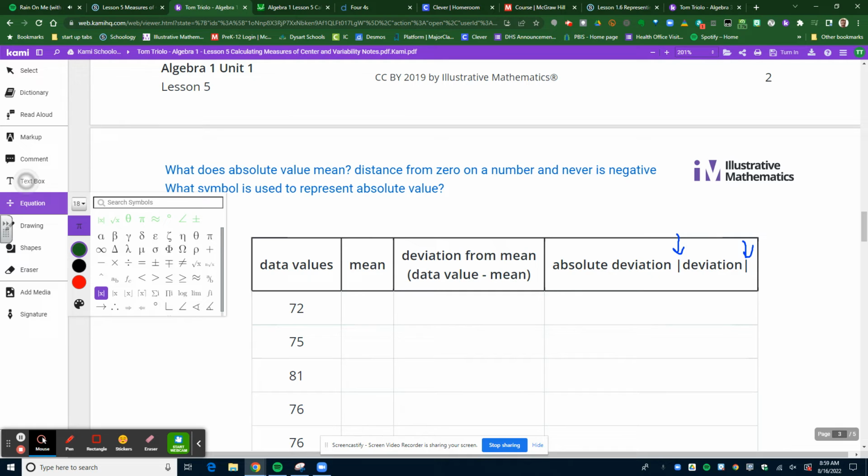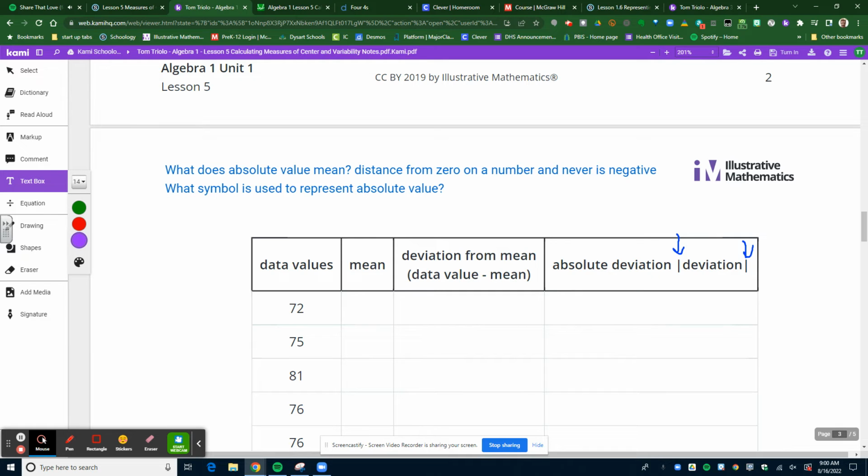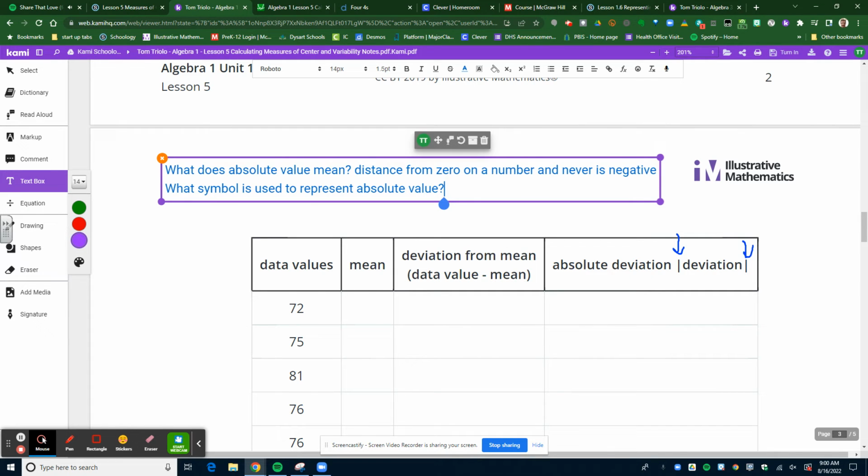So here's what you're going to do. Going to get a little fancy. Ready? Watch. Activate your text box. Go to the end of that first one. Put a couple spaces in. You can include symbols in the text box. If you look at the top, there's a whole palette up here.